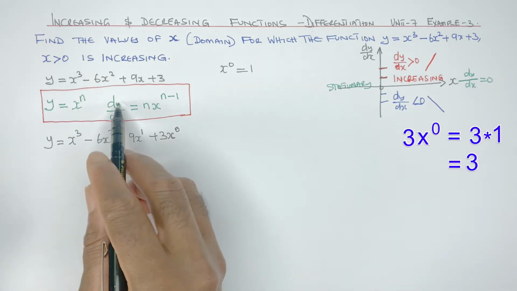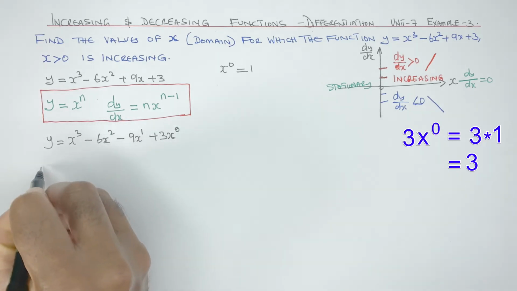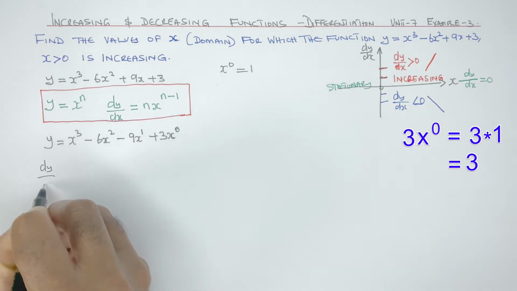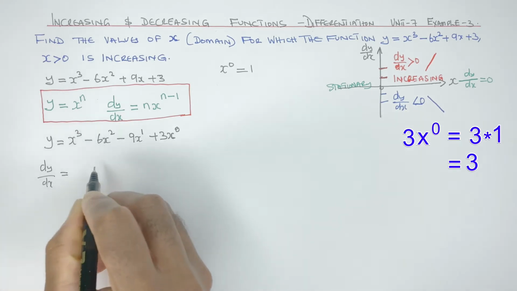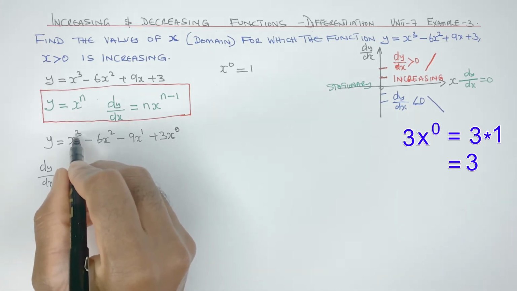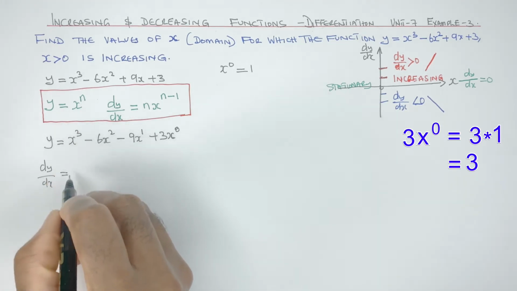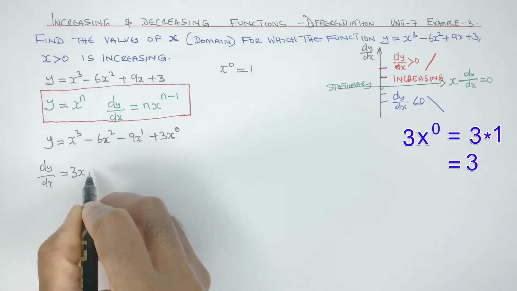We can then apply it to dy/dx. So dy/dx will be equal to, in this case, 3 times 1, because there's 1 here. So that's 3x.